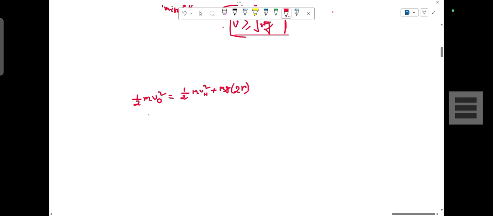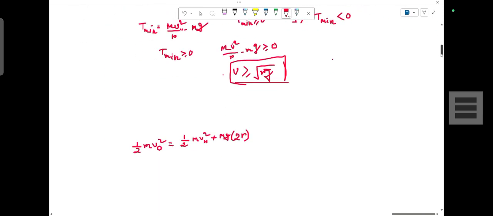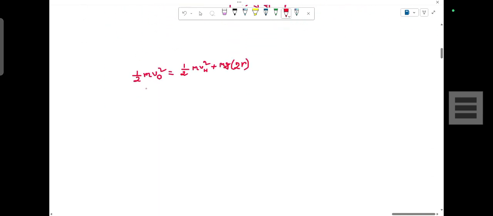So here there is a v naught, I have already taken the velocity v naught here. So the v naught is greater than or equal to root over 5gr.